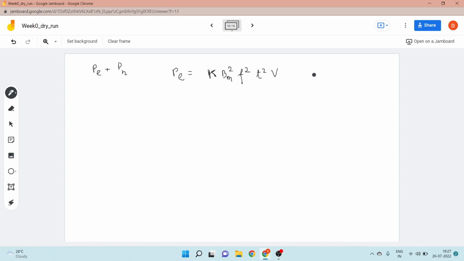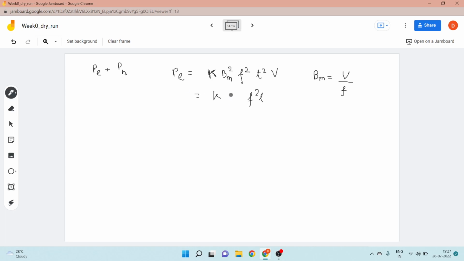Now we know that Bm can be written as V, the volume, sorry, this is the voltage, and it will be written as V by frequency. So if we replace this, it is K Bm square, in case of B we are going to replace it, right?